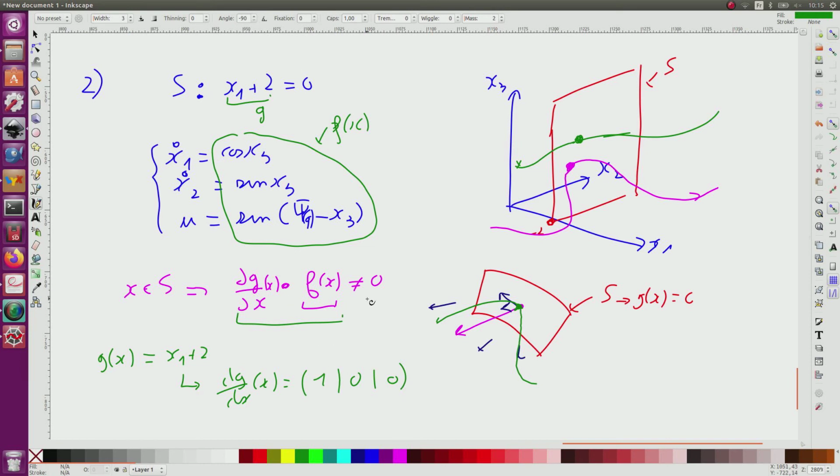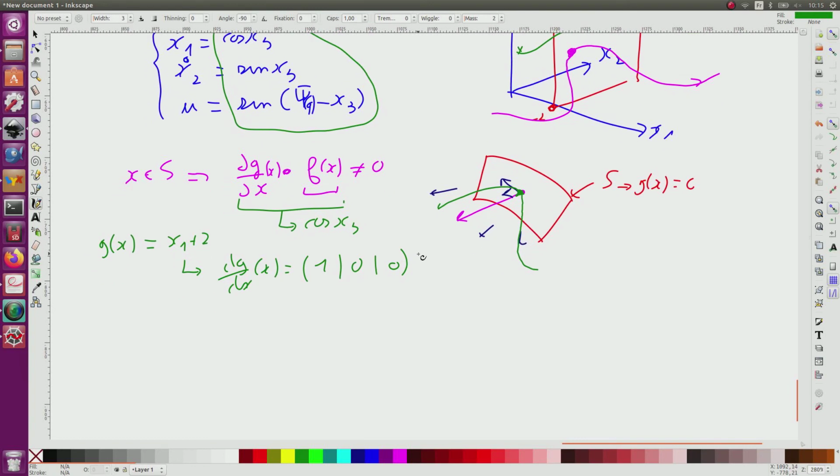So if I multiply the two, I will obtain in my situation that this is equal to cos x3, because 1 multiplied by cos x3. As a consequence, I can conclude that the vector field f is transverse if the cosine of x3 is different from 0.